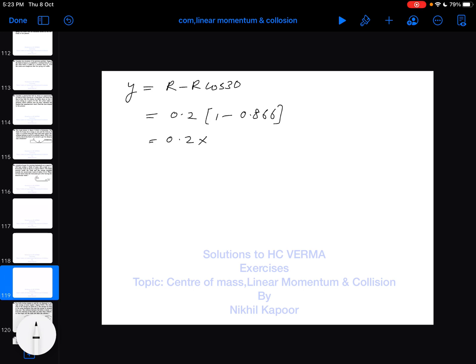So let's multiply by 2. 866 multiplied by 2 will be 1732. Okay, but first we need to subtract. 1 minus 0.866 is how much? 0.134. 0.134 multiplied by 0.2 comes out to be 0.0268. If we round it off, it will be 0.03 meter.